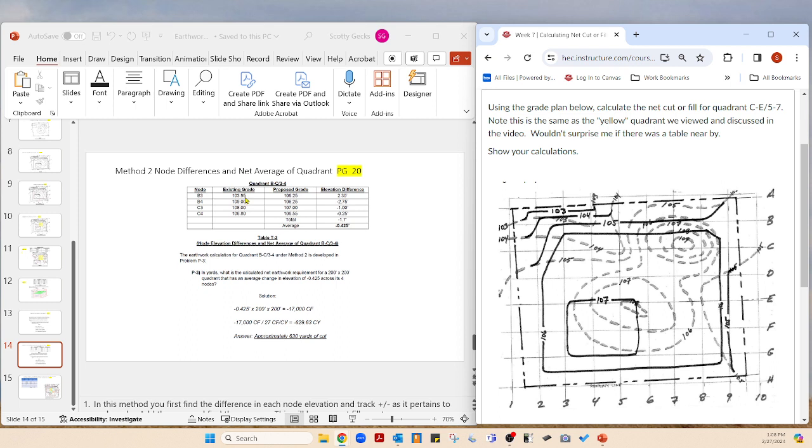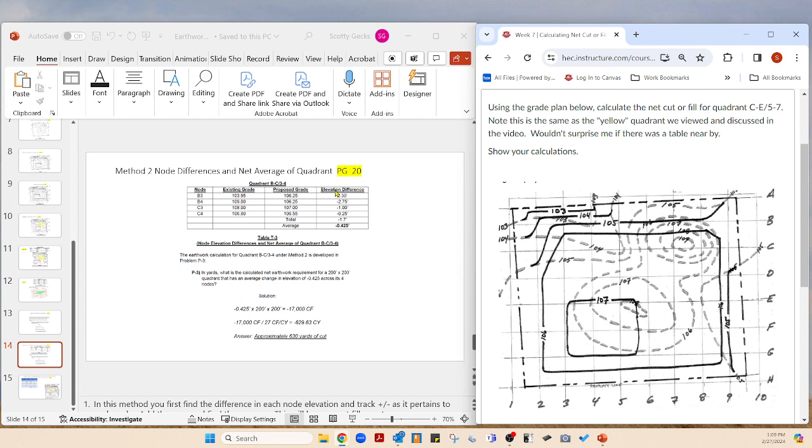So 103.95 minus 106.25 is not a positive 2.30. It is a negative 2.30, and consequently, it is a fill, as we can see. So that's my advice if you want to know for sure. I'm not saying that the difference is going to change, but the cut and fill will change relative to what it's supposed to be.